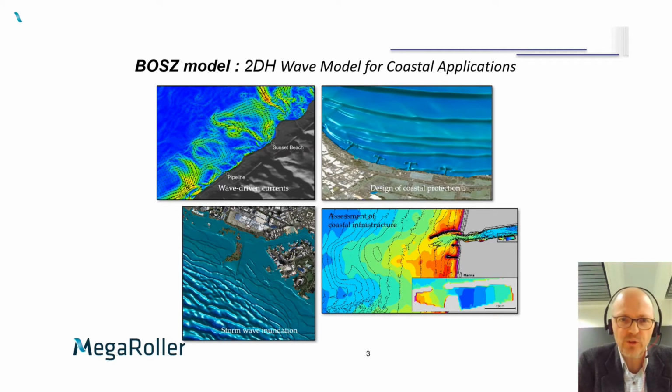In particular, what you see here are long crests, short crests, circulation patterns, and bottom features, and all of those can be resolved with this nearshore model. BOSS stands for Boussinesq Ocean and Surf Zone Model. It has been developed by Volker Röber for a number of years, and together we have used this model in connection with the Mega Roller project.